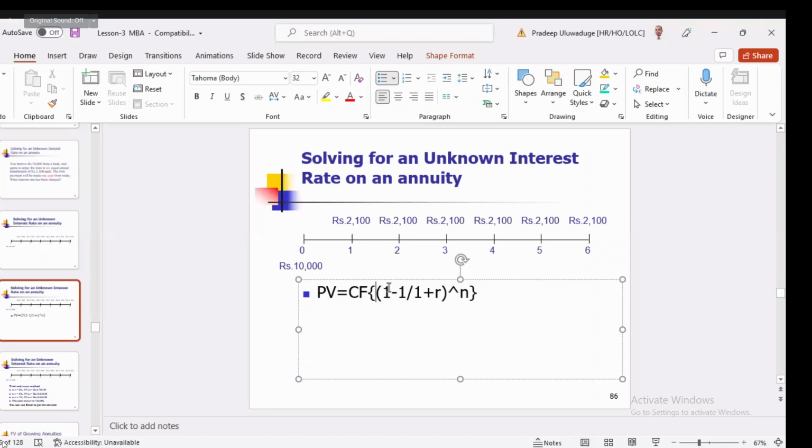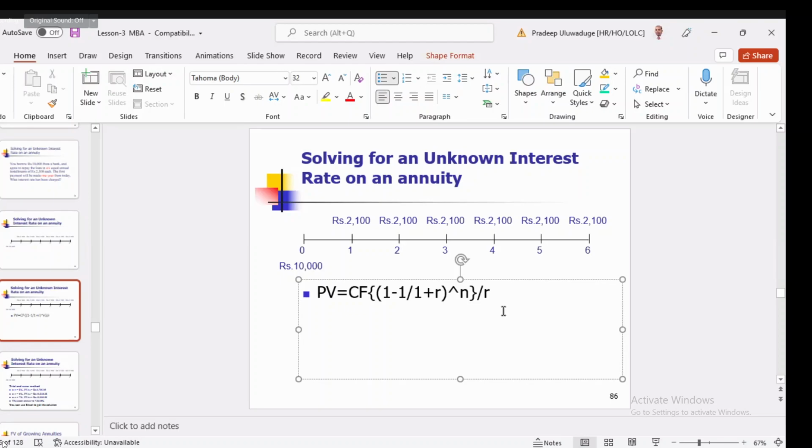So in this, we know the present value, which is 10,000. We know the cash flow, which is 2,100. R, we are not aware of. And n, we know, right? So what we can do is guess.